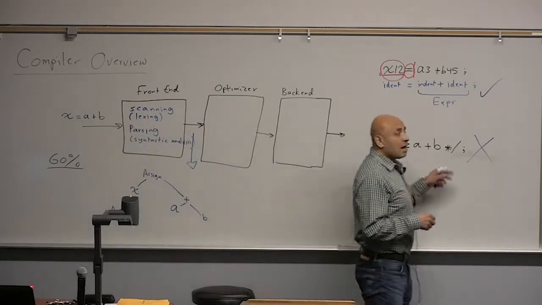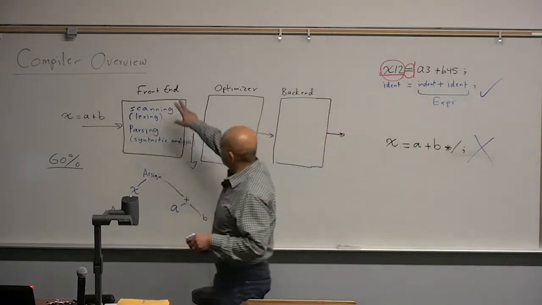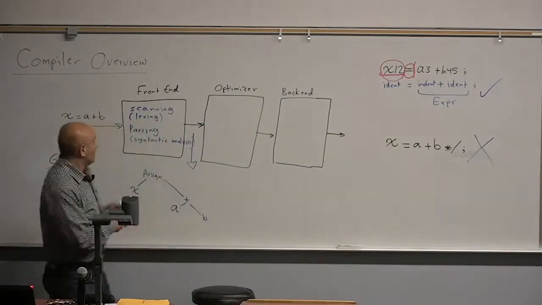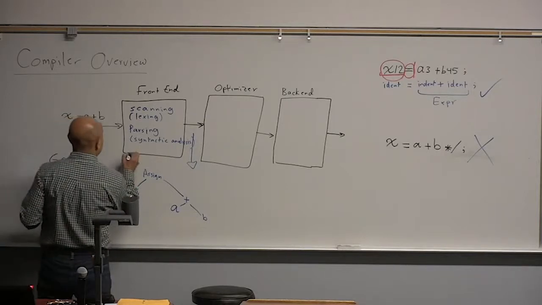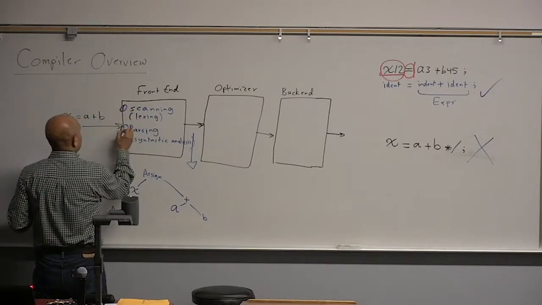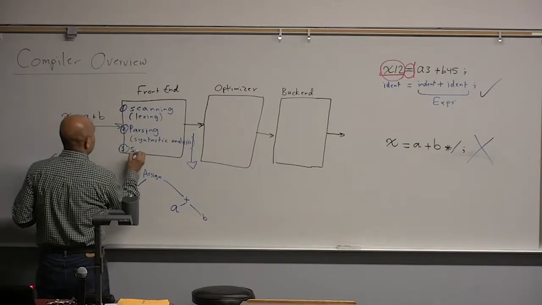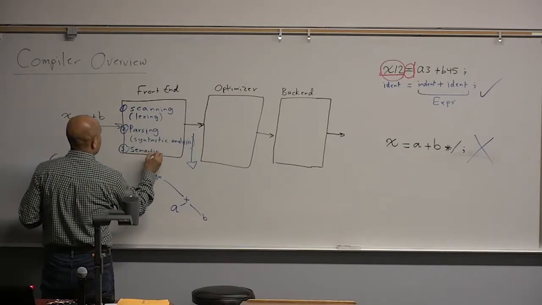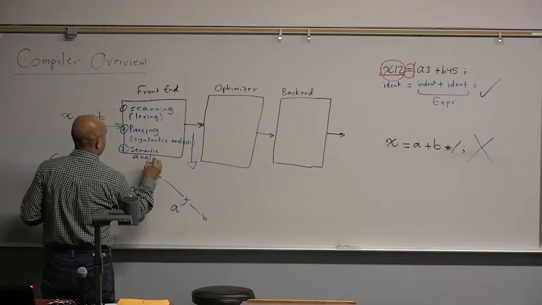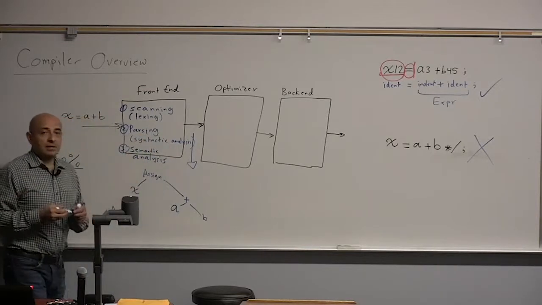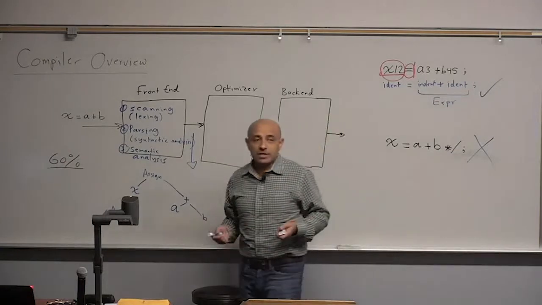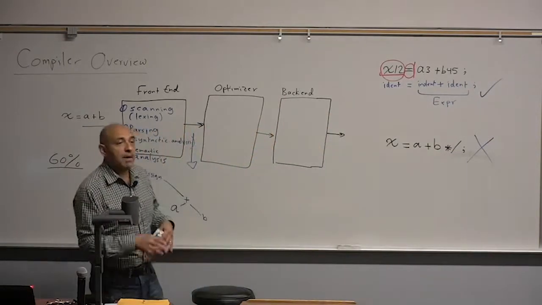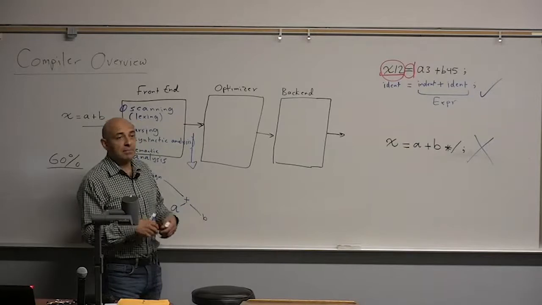Okay, now the third part of the front end of the compiler is the semantic analyzer. So number one, scanner, number two, parser, number three, semantic analysis. Now, just like in human languages, a sentence may be grammatically correct but meaningless.